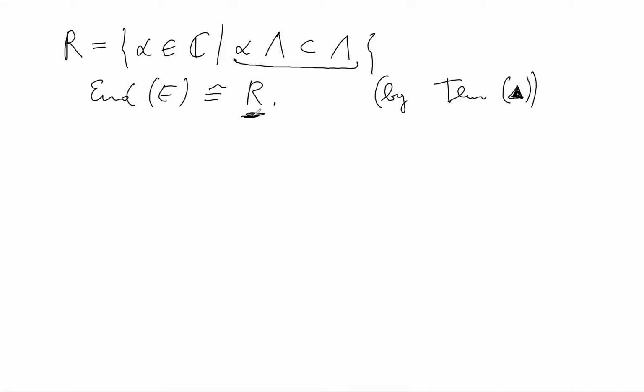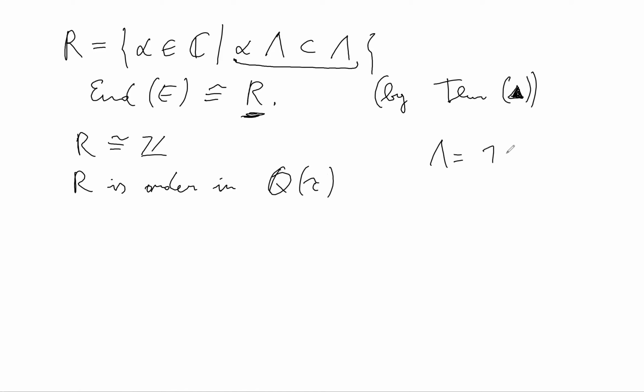And R is an integral extension of Z, sure, or again R is integral over Z, and then you show that R is an order. It follows that either R is Z or R is an order in Q(tau), where tau is such that lambda is generated by 1 and tau. And the way I get this is by just normalizing.